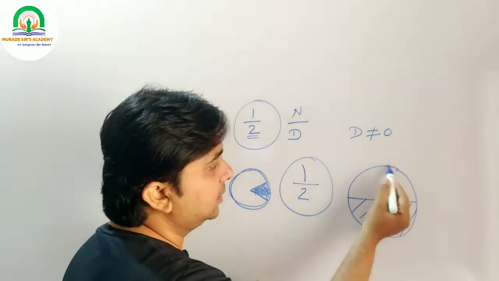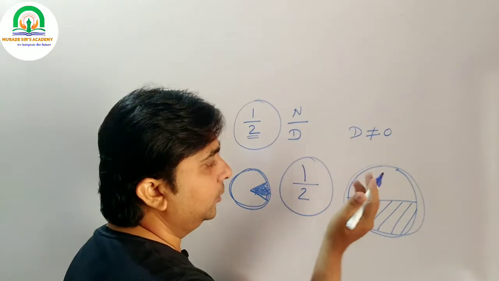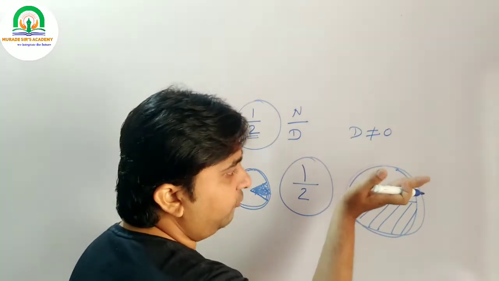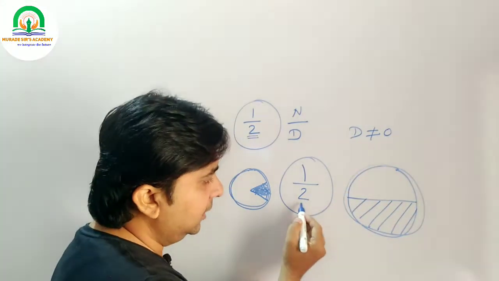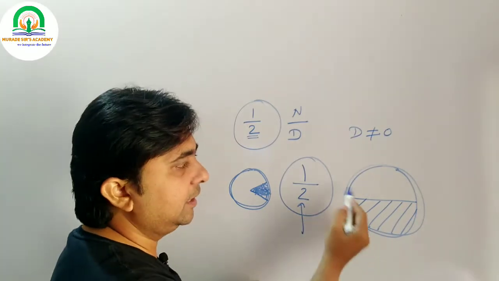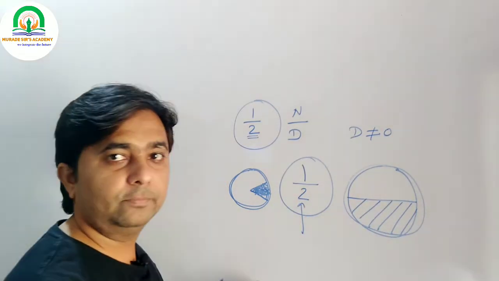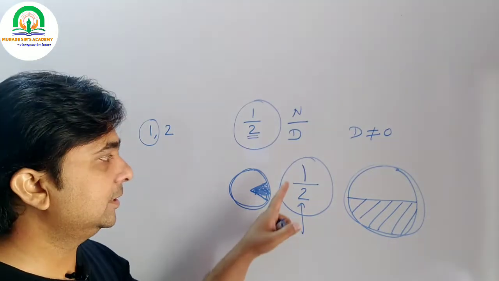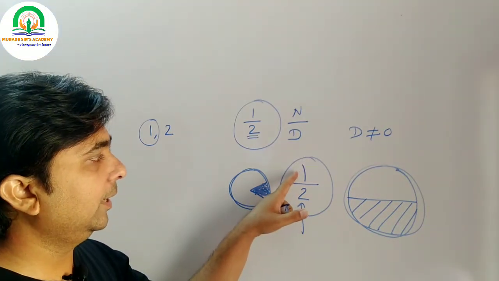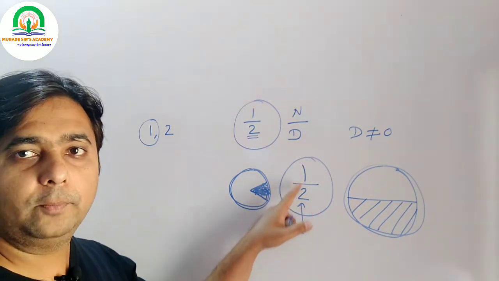This is one whole and I took half of this whole number. This fraction is represented by 1 upon 2. This is called 1 upon 2 or 1 by 2.